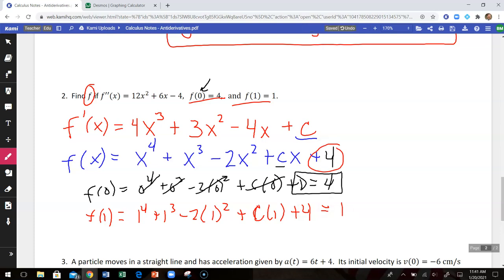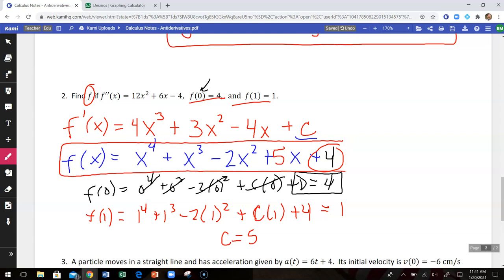And if I work through that and solve for c, I end up getting that c is going to equal 5, which means I can go back up here and say, I now know that c is 5, and so my function f is x to the fourth plus x cubed minus 2x squared plus 5x plus 4.